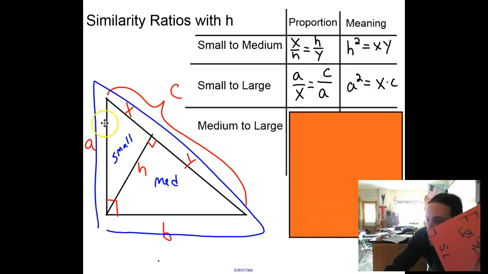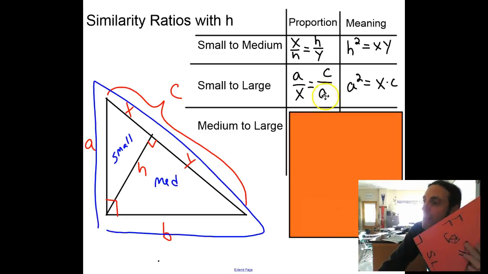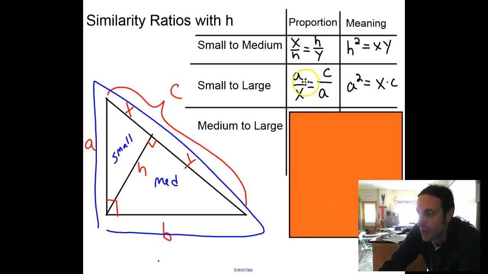So hypotenuse over short equals hypotenuse over short. So hypotenuse over short in the small triangle is the hypotenuse over the short in the largest triangle. Well, when you solve for this one, of course, a squared equals this short piece times the entire length. How interesting.